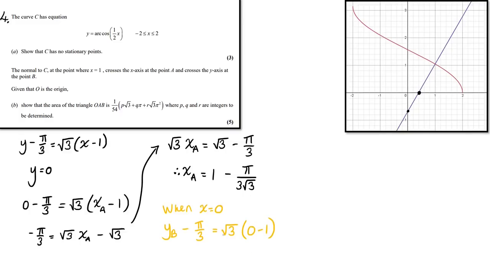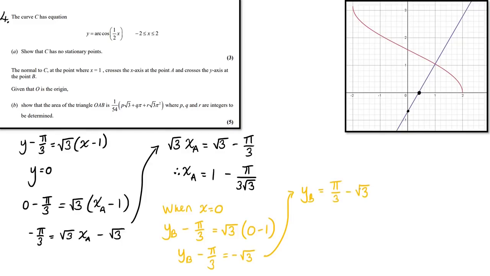So in that case I get yb minus pi over 3 is equal to minus root 3. And therefore to get yb, we just add pi over 3 to both sides. So that gives me pi over 3 minus root 3.